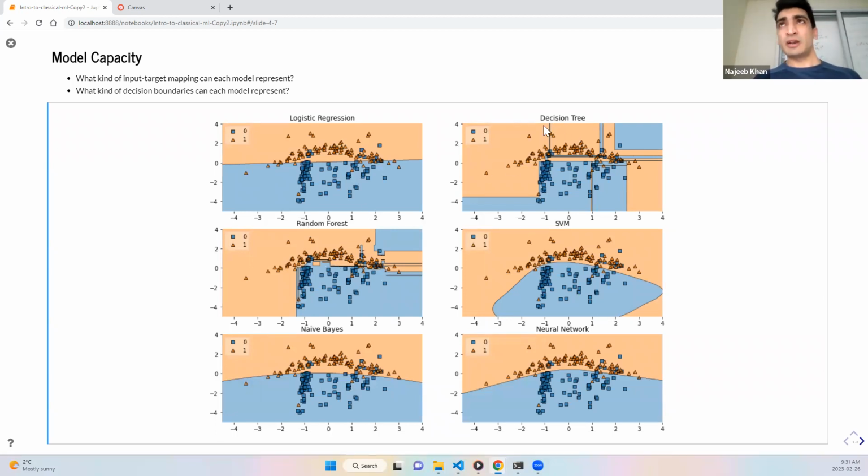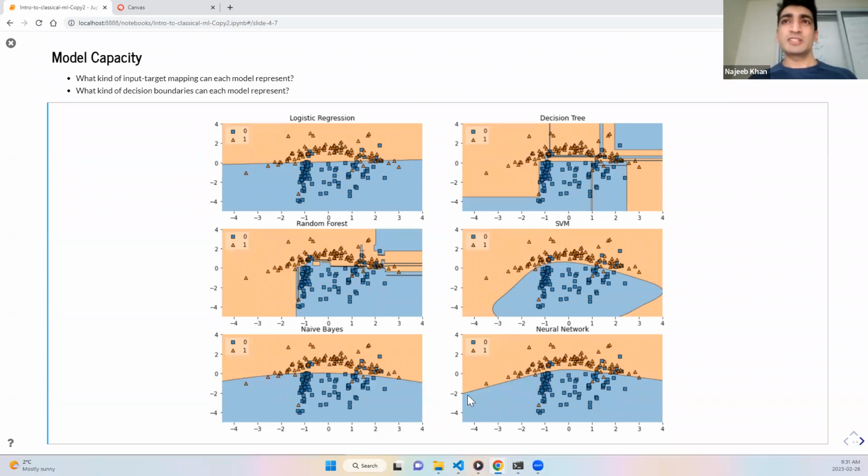Random forests, which are a bunch of decision trees, are somewhat smoother, or less regionalized, than decision trees, but they are still able to do arbitrary boundaries. Support vector machines provide really nice boundaries, though this is a variant of the support vector machine.